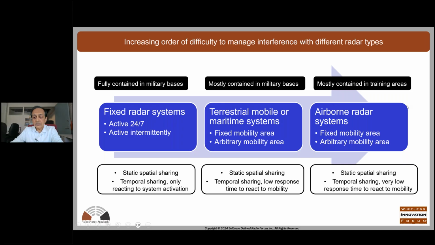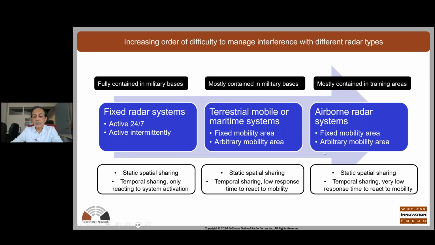And the last one, as you can see, is the progression of how fast the system needs to react. Airborne radar systems, again, most of the time have predefined flight paths, a fixed mobility area, and we can plan the use of the frequency to protect those typical flight paths. That's not a big challenge, at least from a technical perspective.